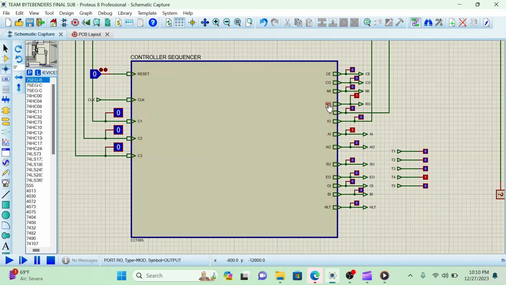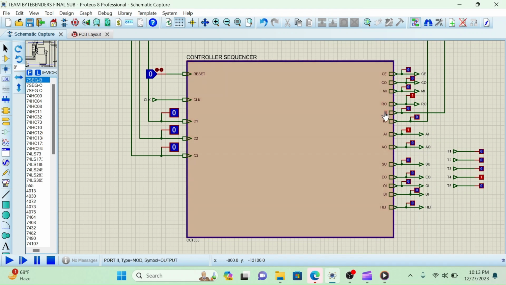RO is a signal: if it is activated, the RAM gives output to the bus. II is a signal: if it is activated, the instruction register takes input from the bus. With IO activated, the instruction register gives output to the bus. With AI activated, the accumulator takes input from the bus. With AO activated, the accumulator gives output to the bus.